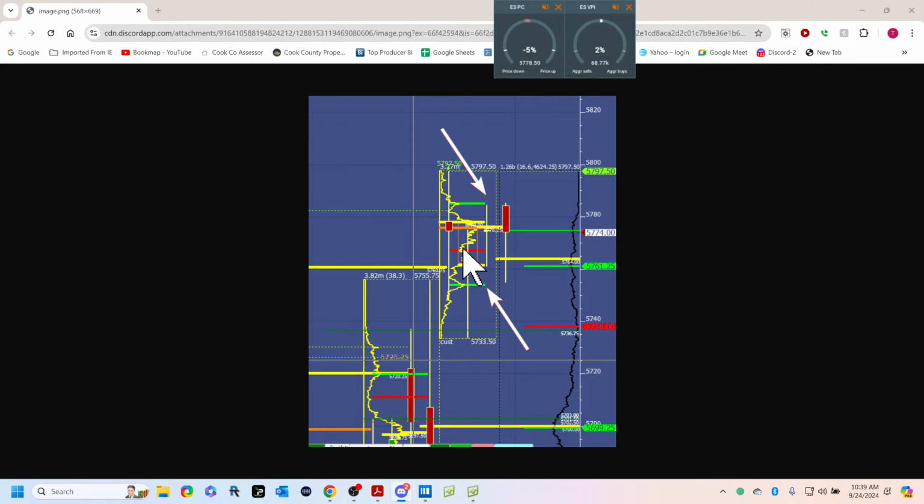We take out the stops above here. This morning, we open near the high of the day, and you'll see why this is important. Take out the stops under here. Come down, test this, and I'll explain what these are, and then reverse and come across, which sets up now this and maybe somewhere up here.